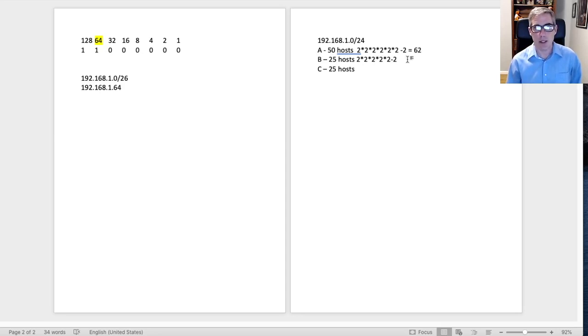Minus 2 is 30. So that means for the next network, we shift where our magic number is. We shift where our subnet is over by 1, because we have 5 host bits and now we have 3 network bits. So we just variable length subnet mask this to be /27, and the next network, we add 32 to that.